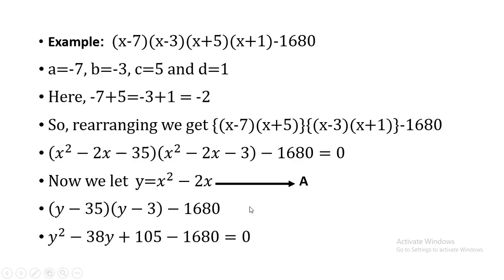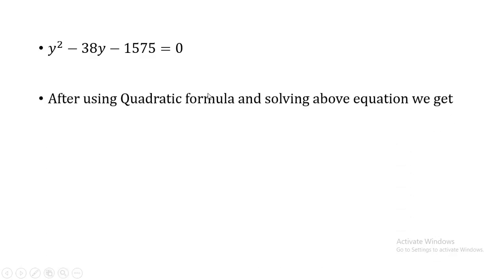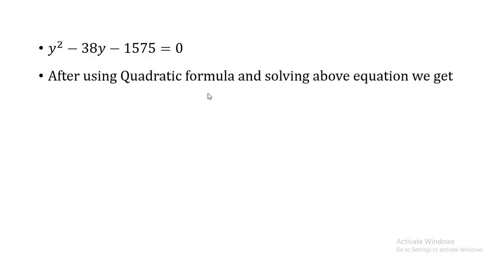Now I have multiplied these two brackets, and as you can see, it turned into one quadratic equation which can now be easily solved. There you go: y square minus 38y minus 1575. Now this is a single quadratic equation and we can solve it easily by using the quadratic formula or perfect square.